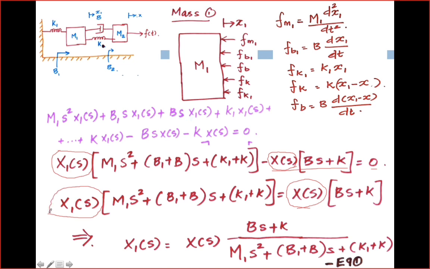Now I am going to write X1 of s in terms of X of s. It's simple multiplication only.